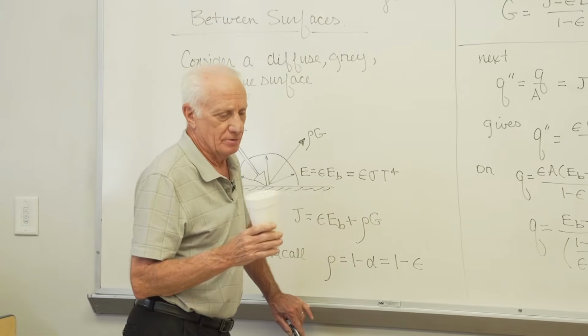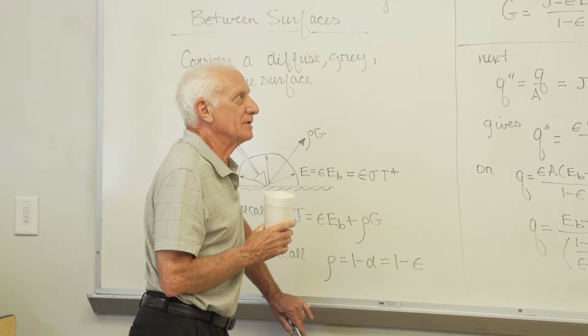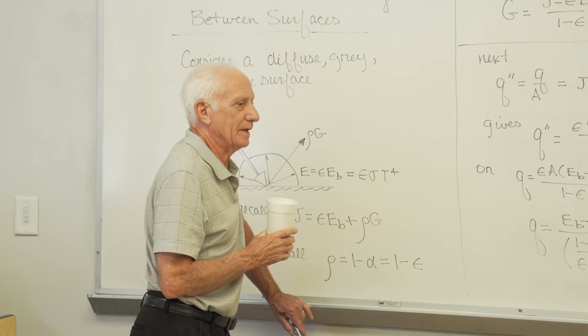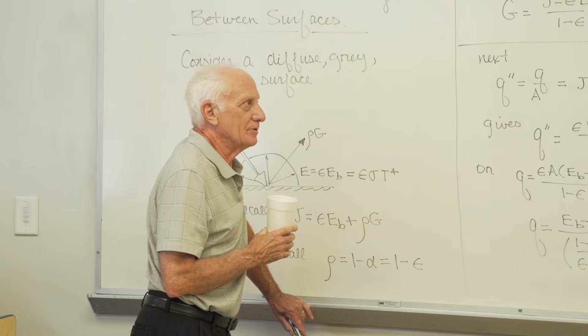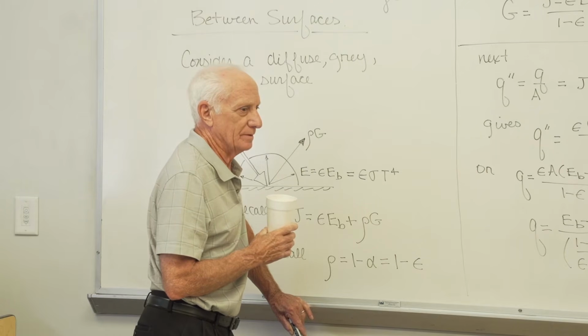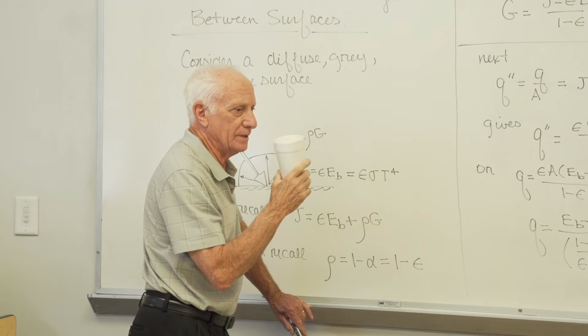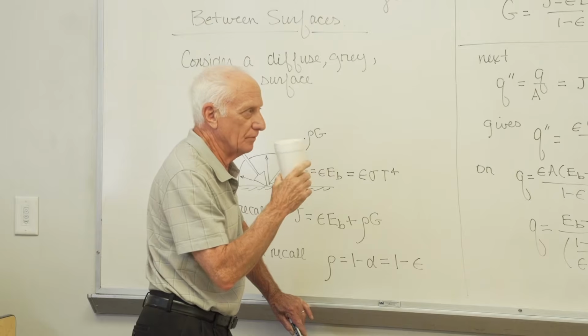Let's say it's an enclosure. In the enclosure, every surface has a surface resistance. In the enclosure, every pair of surfaces has a space resistance. There's R12, R13, R23, and so on.